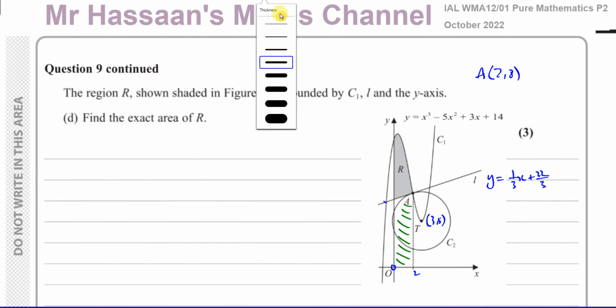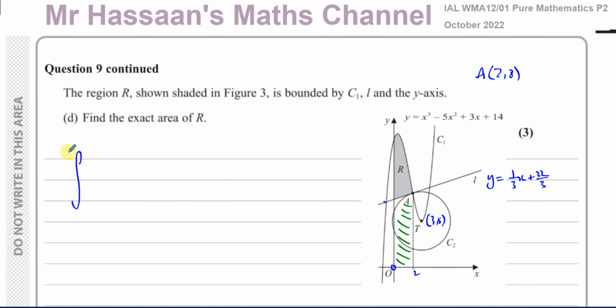So what we need to do is integrate our curve C1, which is x cubed minus 5x squared plus 3x plus 14, with respect to x between the limits of 0 and 2. And we've got to take away from that the area of this trapezium.